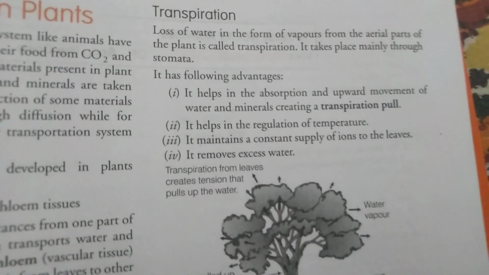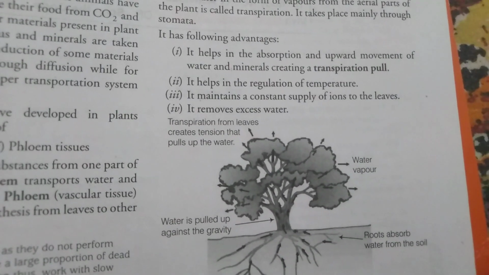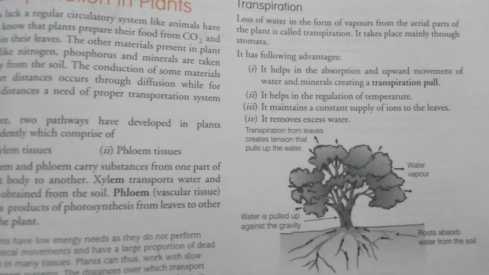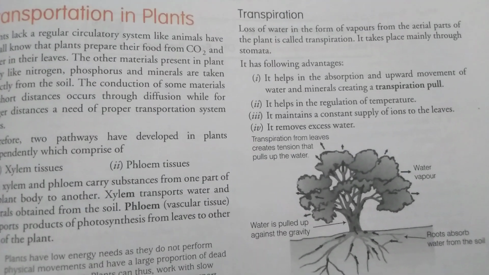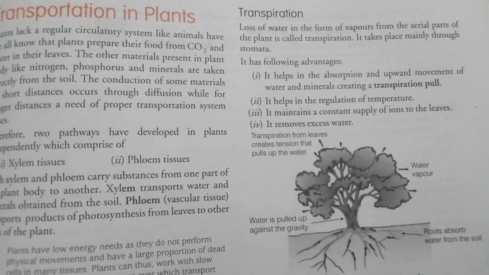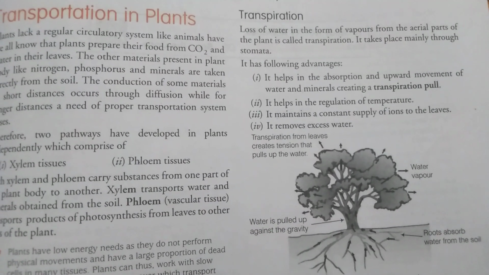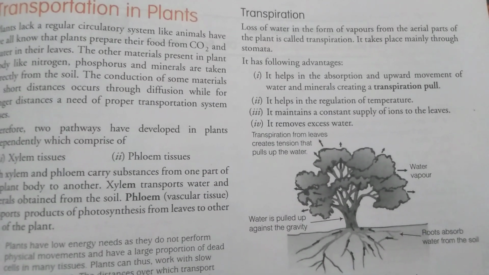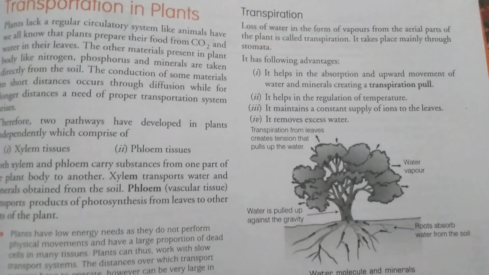As much as transpiration takes place, the water pull from the root to the upper part of the plant takes place. That means a suction pull is created, and that makes the water move upward to the leaves. In this way the transportation of water and minerals takes place.